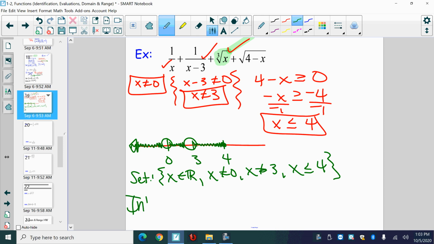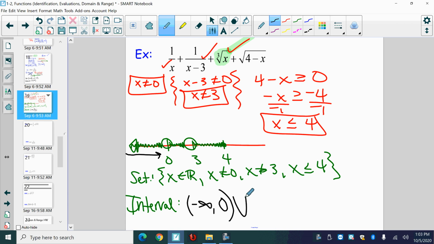Interval notation is going to be reading this from left to right. So if I'm reading this from left to right, I run into this graph at negative infinity, and I put a parenthesis there. I stop running into it at 0 because there's an open dot there, and that means parenthesis.